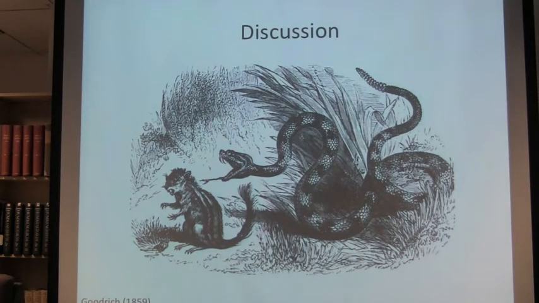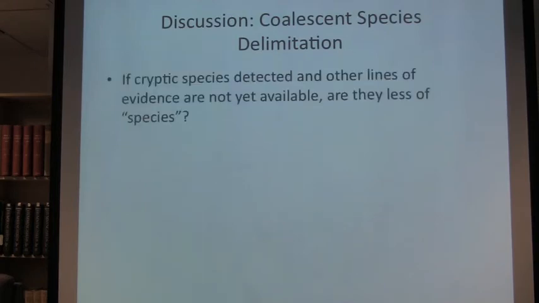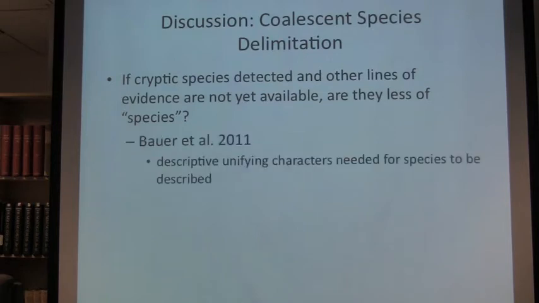For my discussion. Before I discuss my results, I want to briefly discuss the role of coalescent species delimitation in taxonomy and in species tree inference. So if a cryptic species is detected and other lines of evidence are not yet available that unify individuals of this species into a species, are they any less of a species or of an independently evolving lineage?